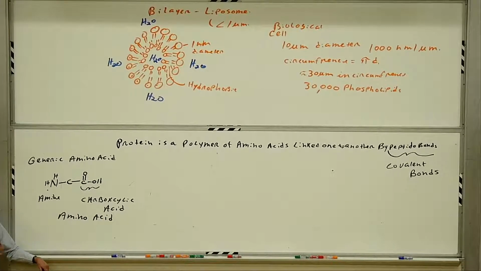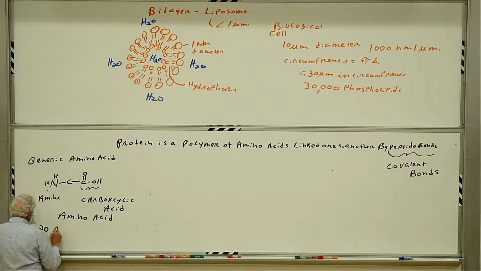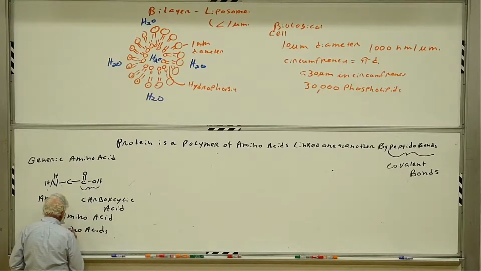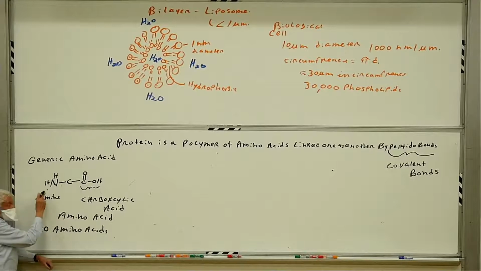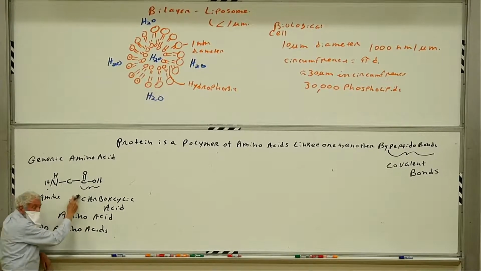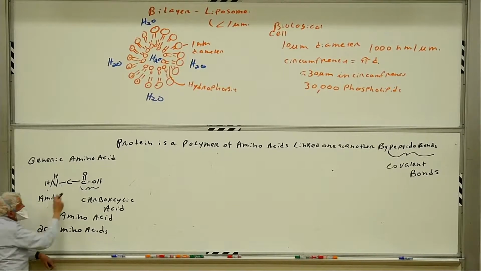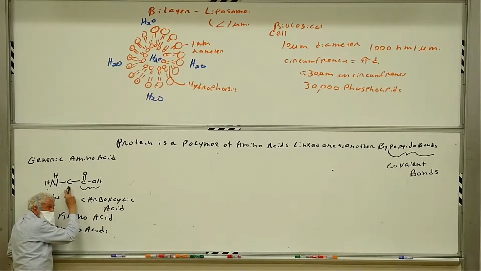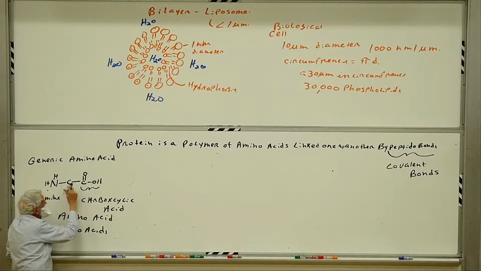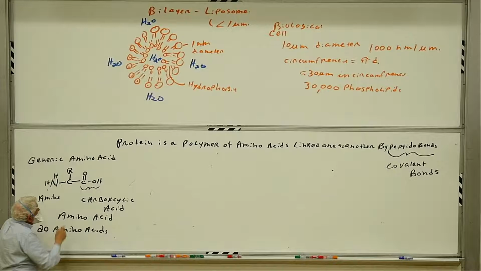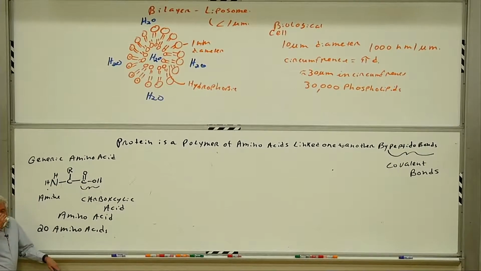Now, it turns out that in biology, here on our planet at least, there are 20 amino acids. All 20 amino acids have in common this amine group and the carboxylic acid. What distinguishes one amino acid from the next is what's covalently attached to this carbon. And I'm going to say that this is an R group. By saying it's an R group, it could be any number of things.